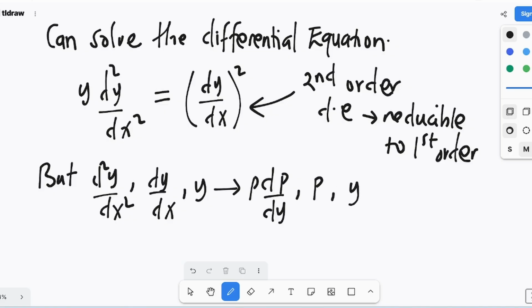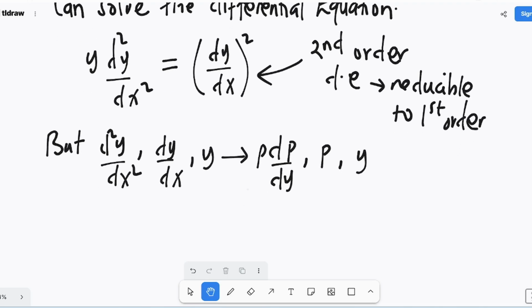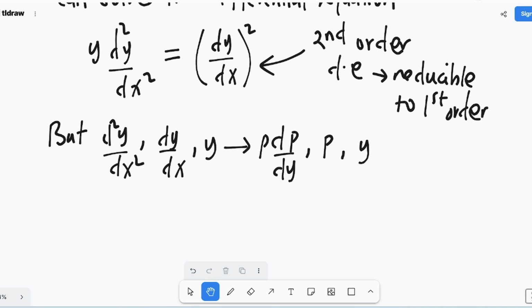So it reduces to such a form. Now we go ahead and substitute them in our DE.